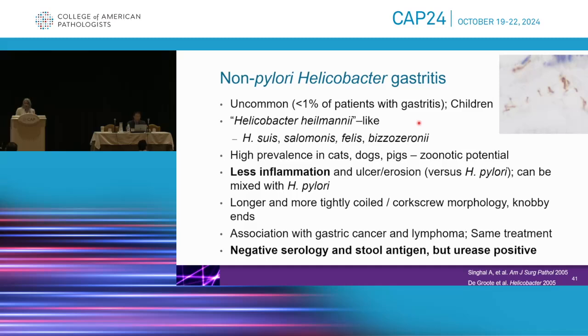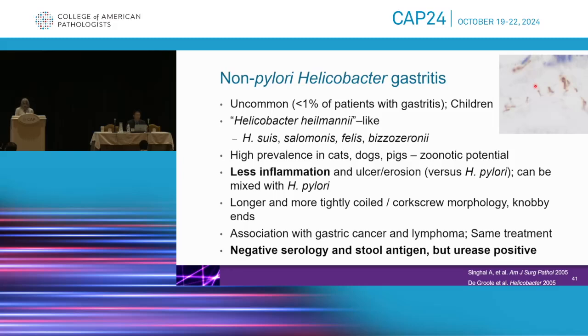And there are some challenges to making this diagnosis. As we saw, there's relatively less inflammation in the case I showed you, and less ulcer and erosion than what you might see in classic H. pylori infection, although the infections can be mixed at times and show some variation. The classic morphology is longer and more tightly coiled than H. pylori, and you can even see on the immunostain this kind of knobby end that some authors have described.